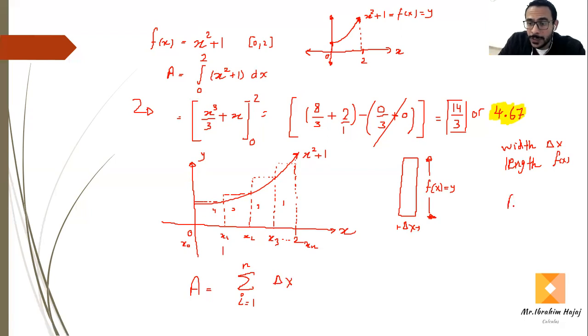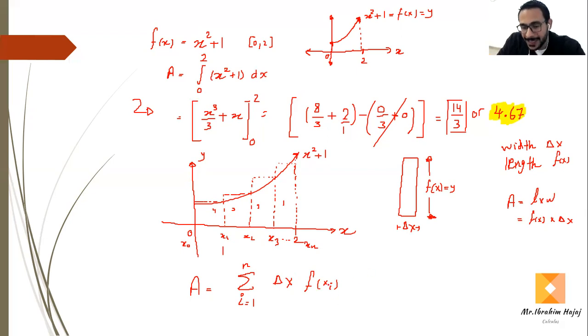Why? Because what's the area of any rectangle in geometry? Length times width, right? What's the length? We see the f of x or y value at this point, times the width up here, which is delta x. So my final answer is the sum of delta x times f of xi, and i here represents x1, x2, x3, and so on.